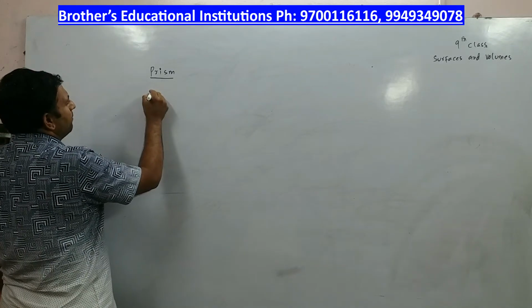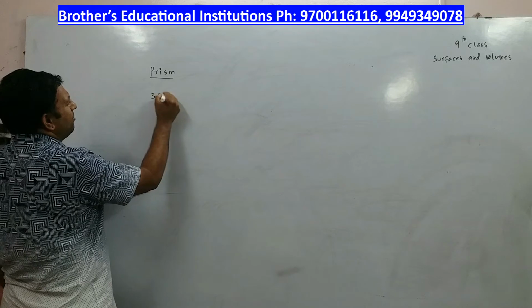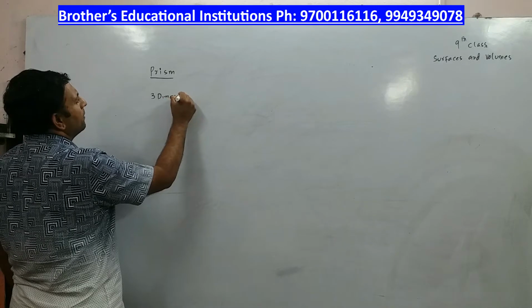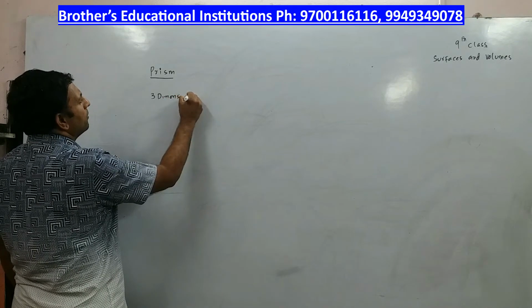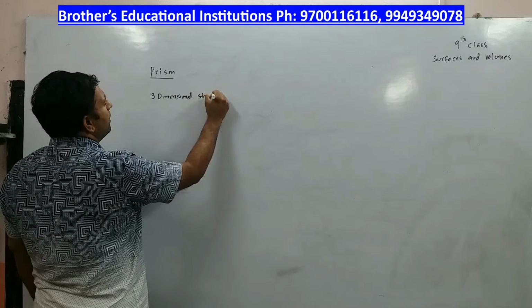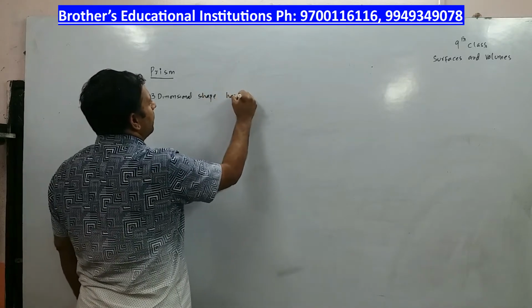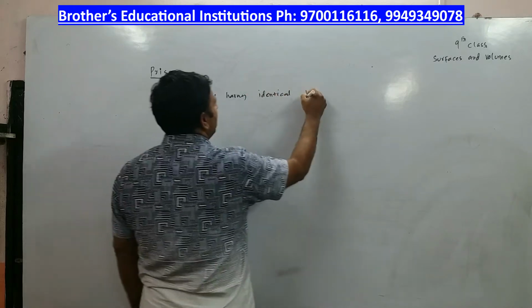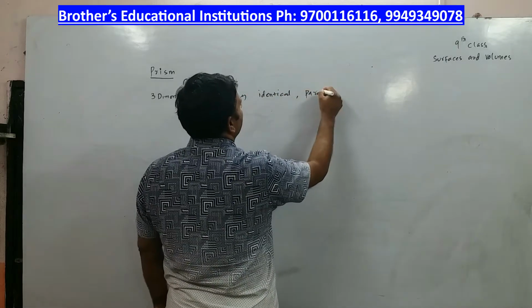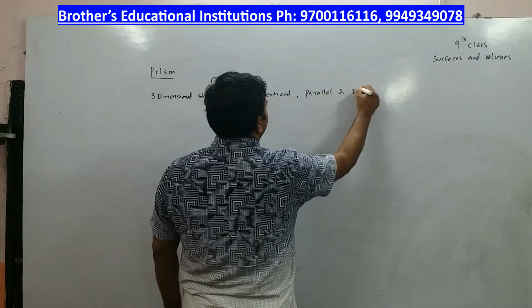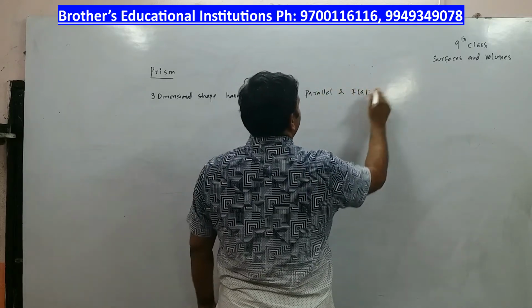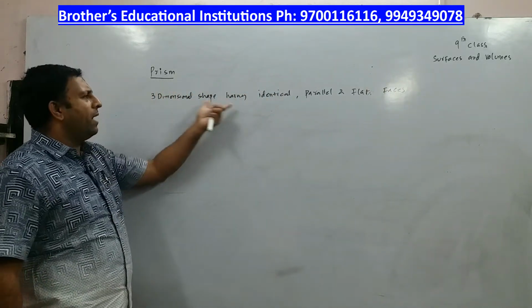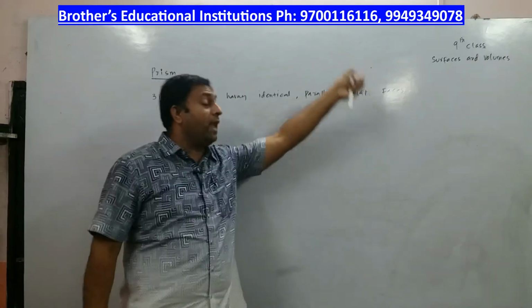Prism is a three-dimensional shape having identical, parallel and flat faces, right?